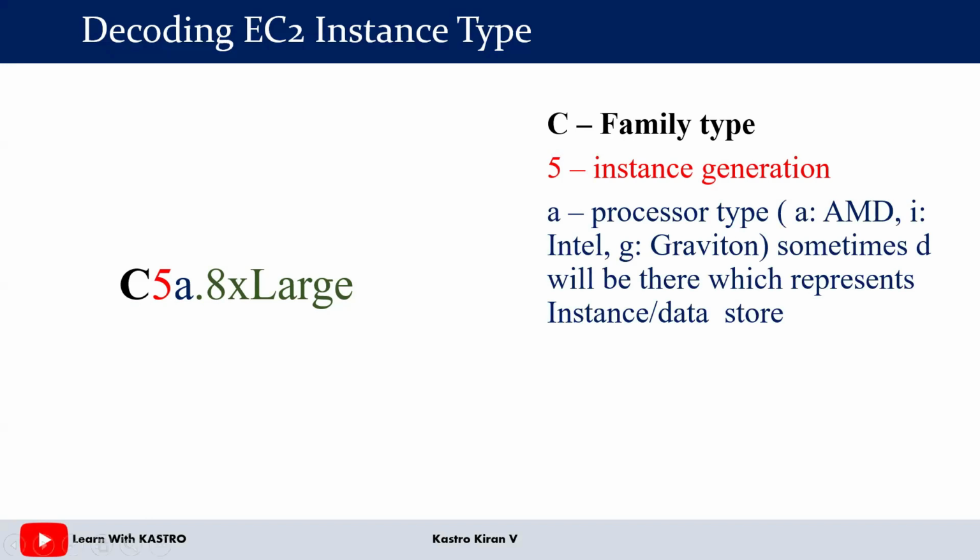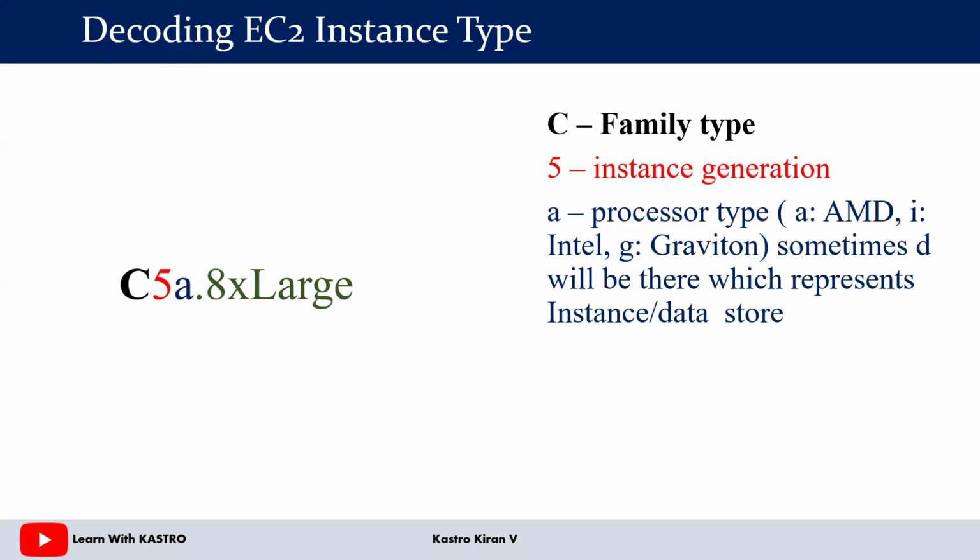Instead of A, if you see C5I, that represents an Intel-based processor. Instead of I, if you see C5G, that means it's a Graviton-based processor. So in general AWS Cloud provides three types of processors. The first one is A, the second is I, the third is G. A represents AMD processor, I represents Intel processor, G represents Graviton processor.